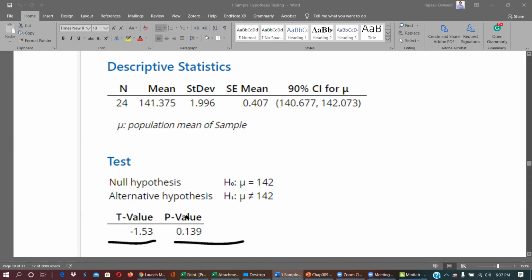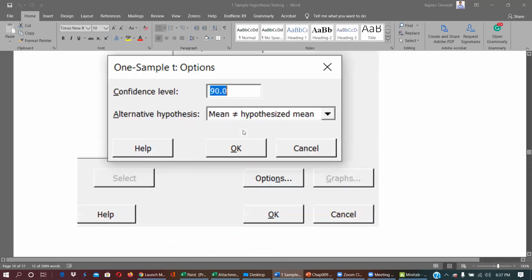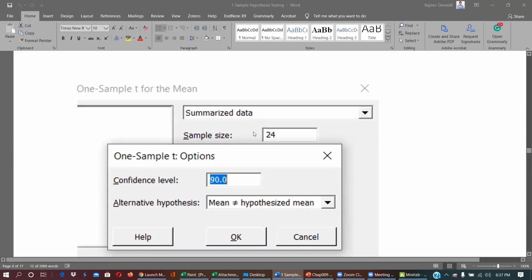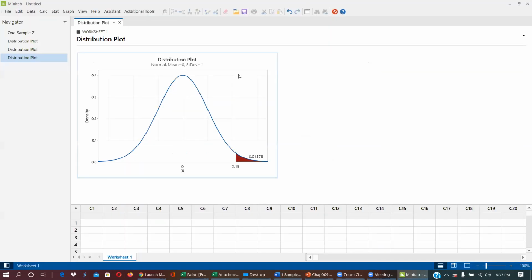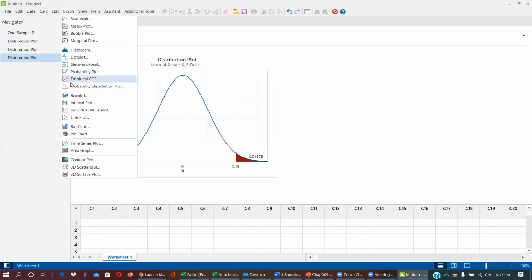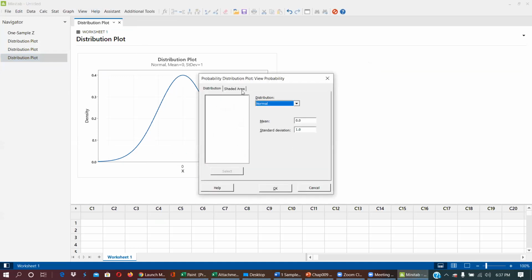Okay, so basically the p-value is greater than 10%. At the same time, look into the t-value. Let me go on Minitab and do this exercise for you. What is the degree of freedom here? Sample size is 24. Here we go to graph, probability distribution, and we are looking at the t distribution.